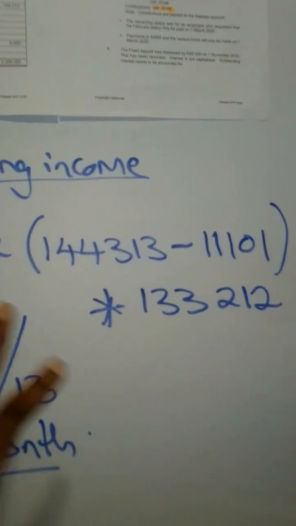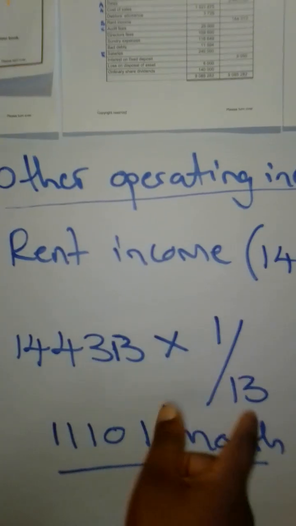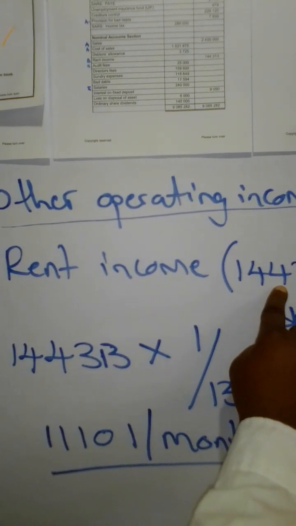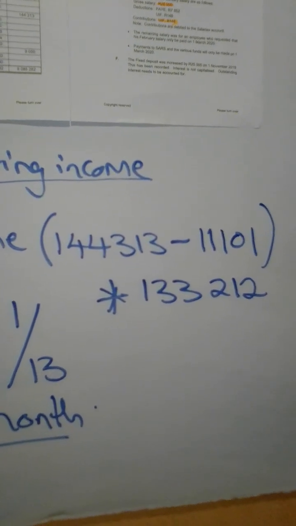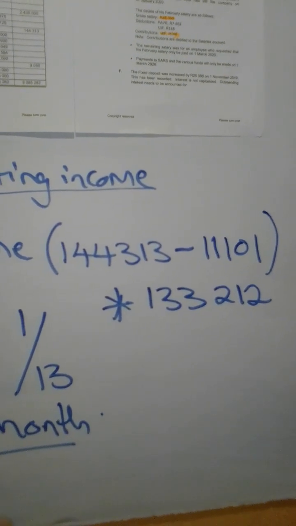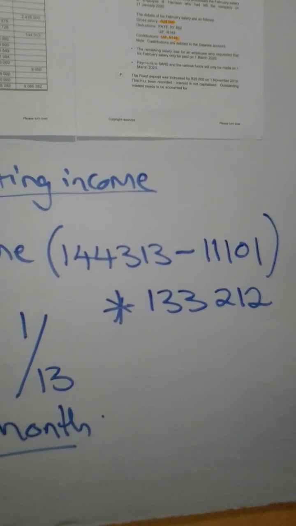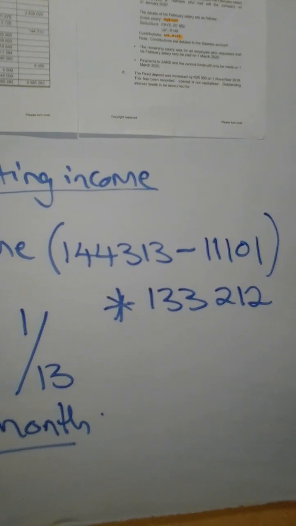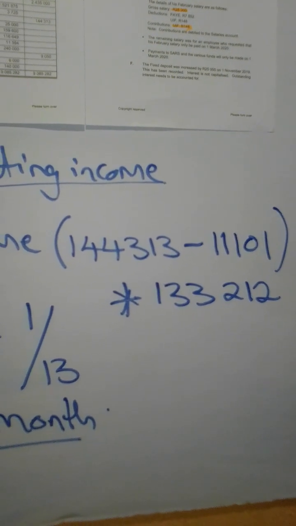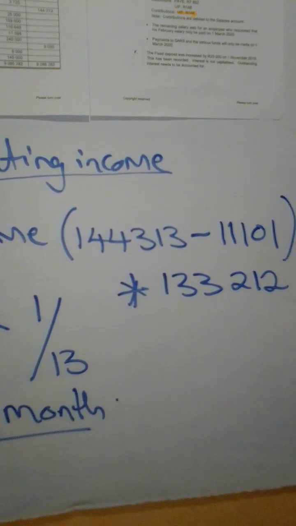So on the rent income, remember, you have to find out how much was paid in advance. This amount is indicating 13 months. You divide by 13, or multiply by 1 over 13, to get the amount per month. That is the income received in advance for March. You subtract it from 144,313 to remain with 133,212.